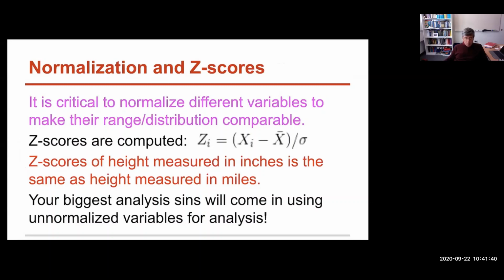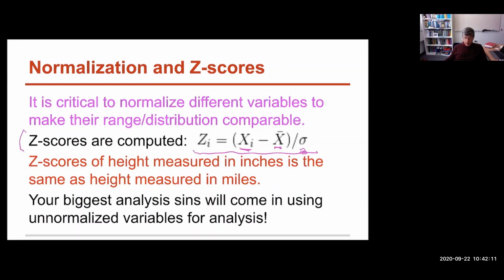Generally, a good way to normalize variables is this idea of a z-score, which I mentioned before. The z-score of the ith observation is going to be the value of the ith observation minus the mean of the observations, divided by the standard deviation. What's great about z-scores is the mean value of a z-score is going to be 0.